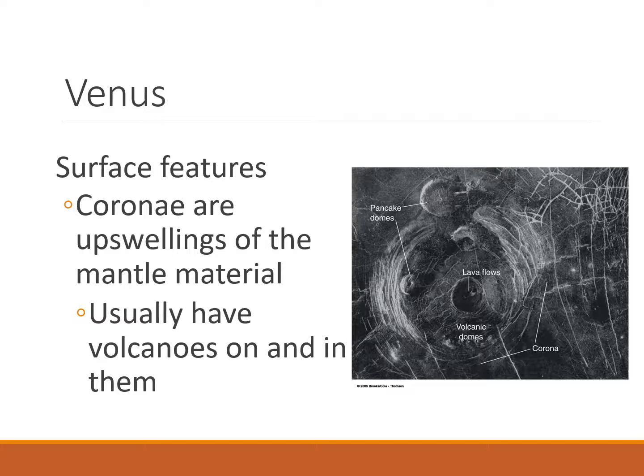The coronae actually appear to be upswellings of the mantle material. They usually have volcanoes on and in them. And actually they have these flat features that look like pancakes, and we call them the pancake domes.